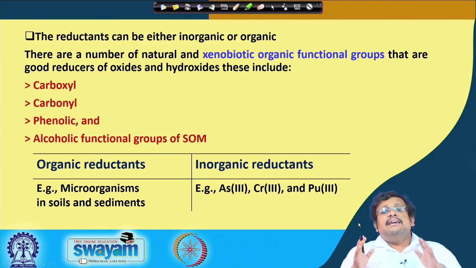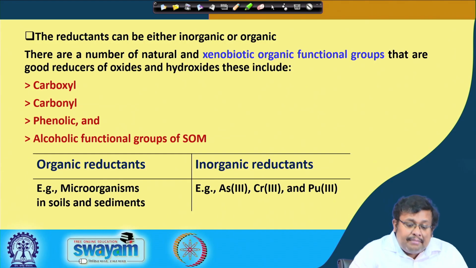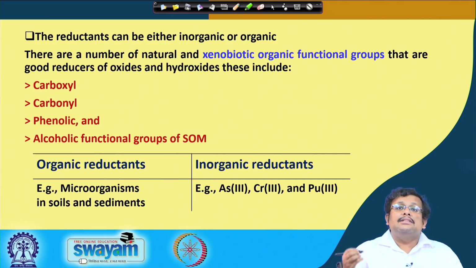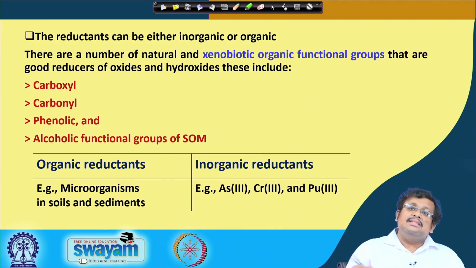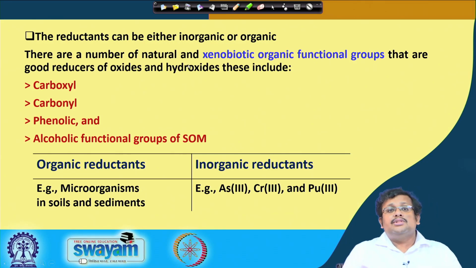Now, these reductants, as I have told you, can be either inorganic or organic in nature. There are a number of natural and xenobiotic organic functional groups. Xenobiotics means synthetic organic groups. So, natural or synthetic organic groups are also good reducers of oxides and hydroxides, and they include the carboxyl group, carbonyl group, phenolic group and alcoholic functional group of soil organic matter.